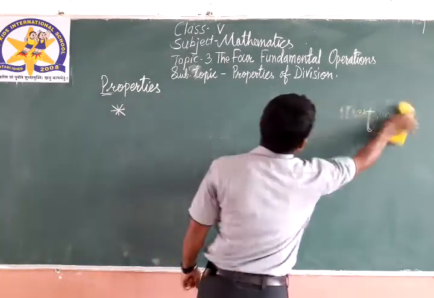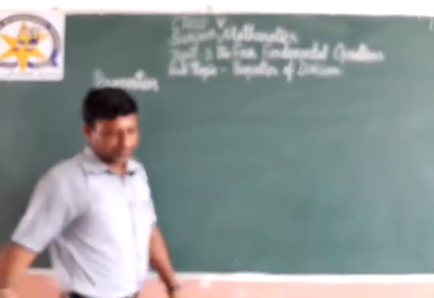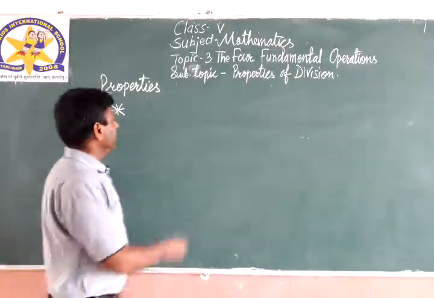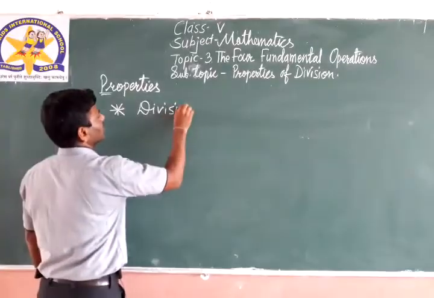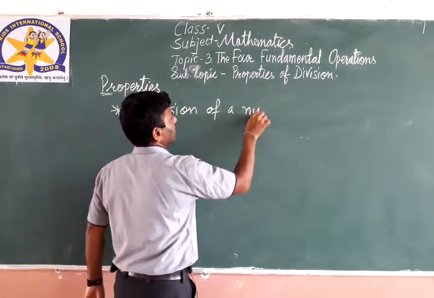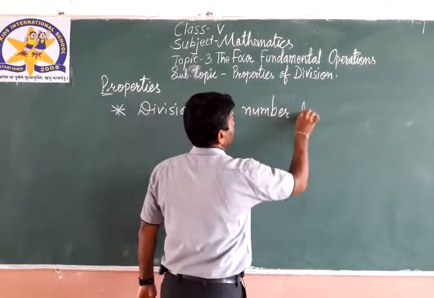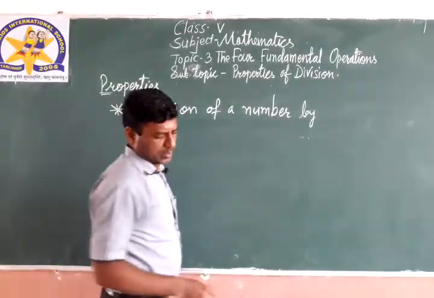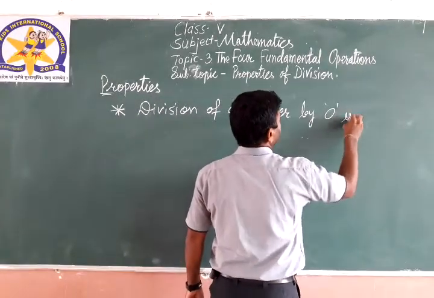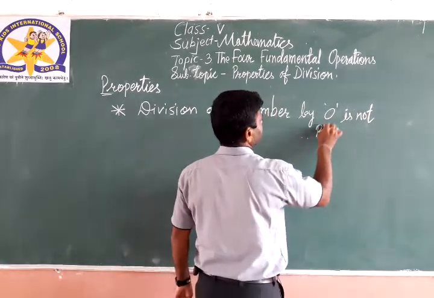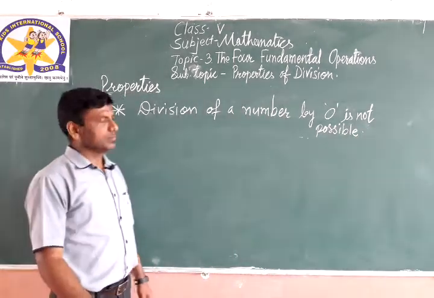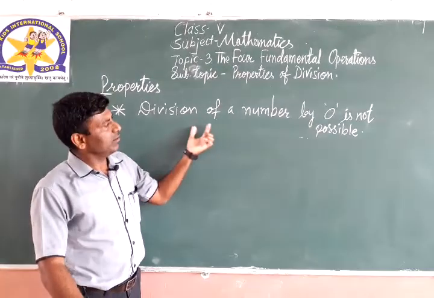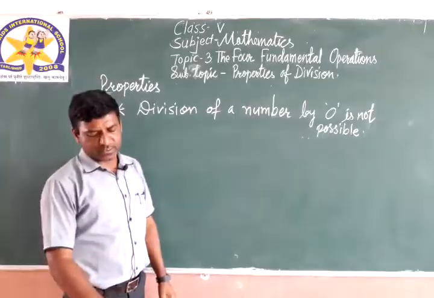Now third property. Division of a number by 0 is not possible.